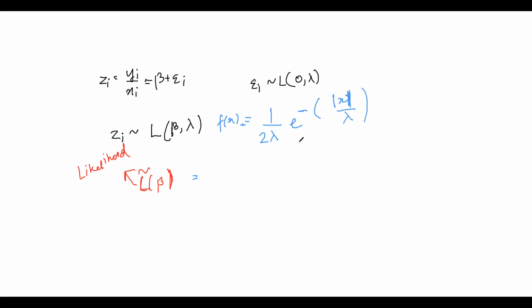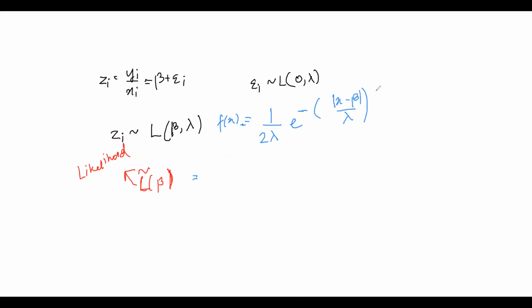But here there is a beta, it should be x minus beta, because the mean is beta.